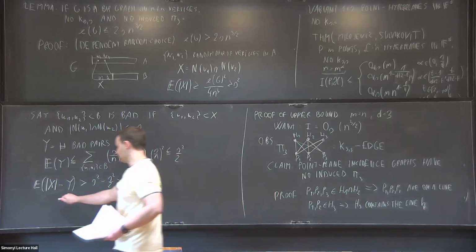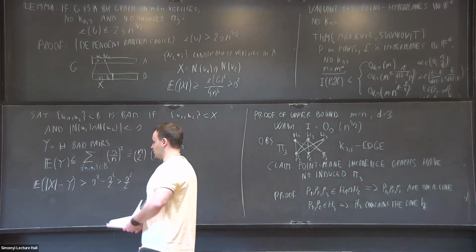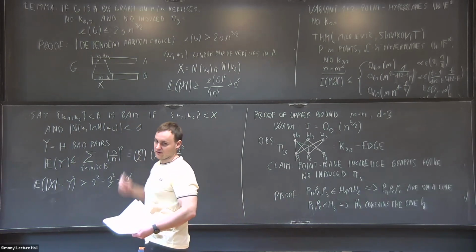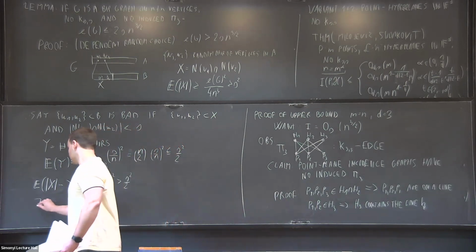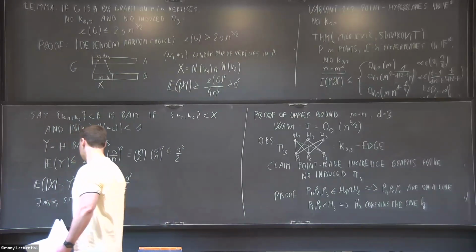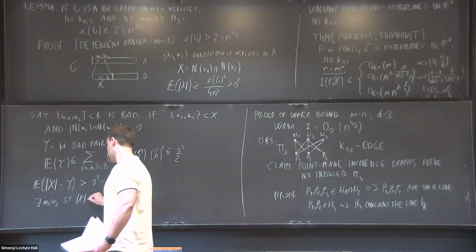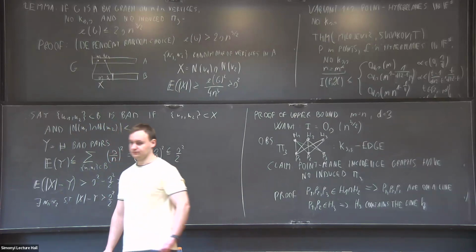So this is the expectation, and we can choose this pair V1, V2 which achieves at least this expectation. So there exist V1, V2 such that X minus Y is indeed greater than S squared over 2.